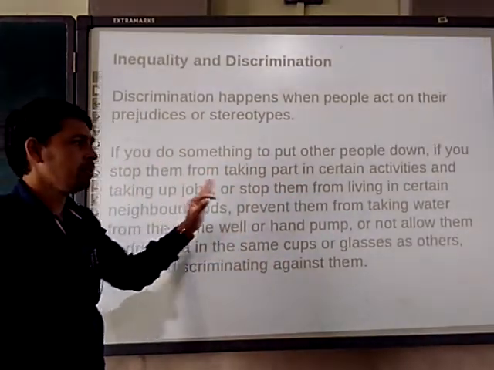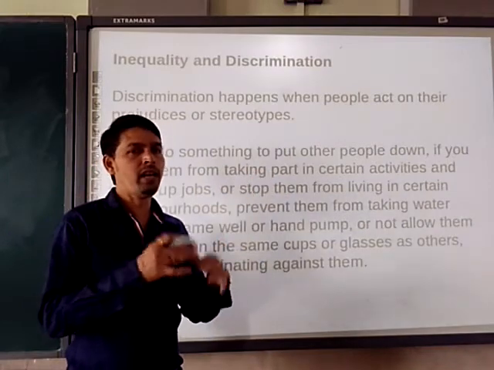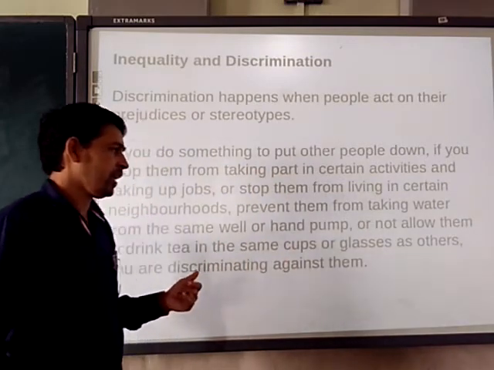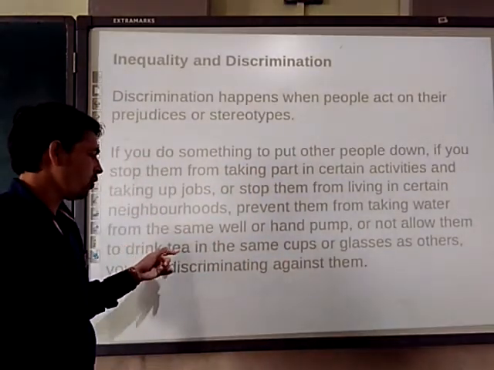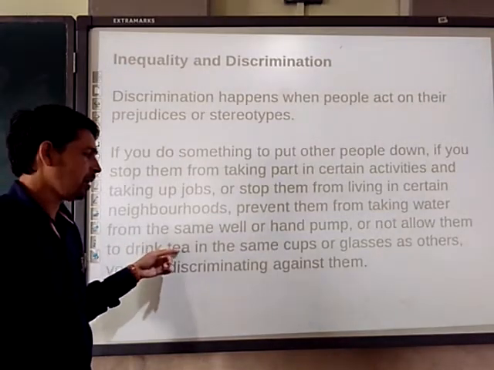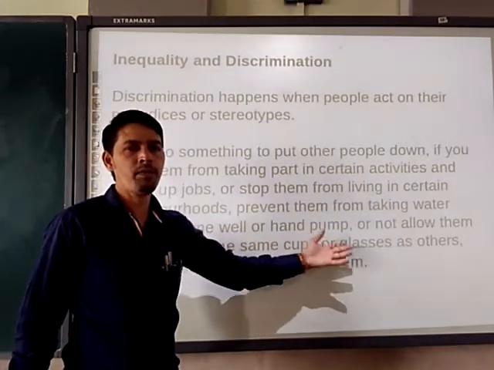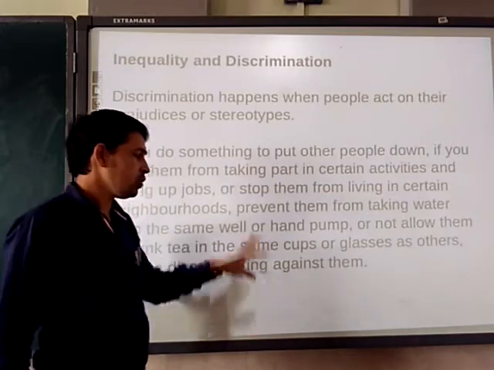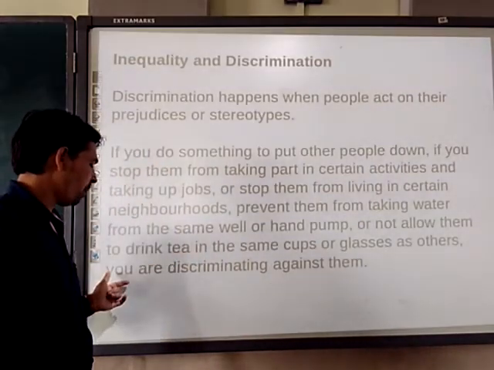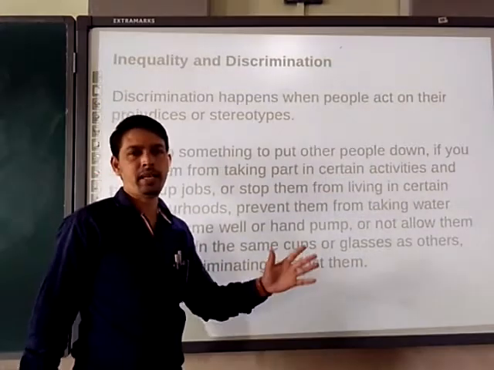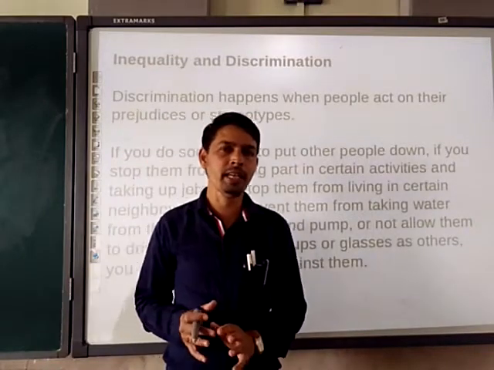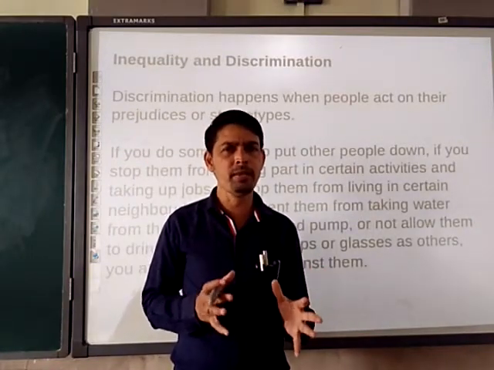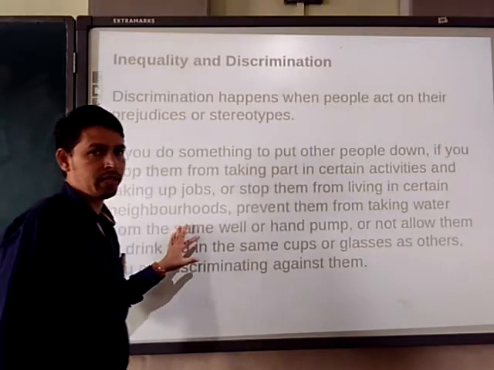Then preventing them from taking water from the same well that all the people are taking. Then not having tea from the same cup or glass. So finally, all of this is about discriminating against them. If you are discriminating against somebody, these many points you are covering, right?